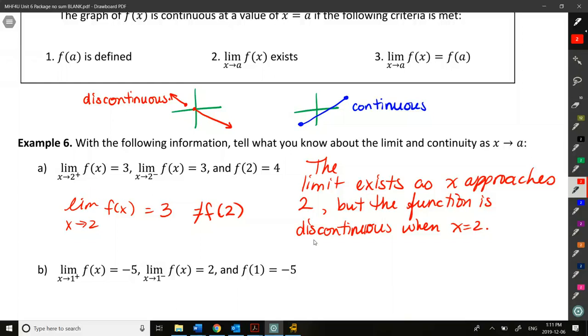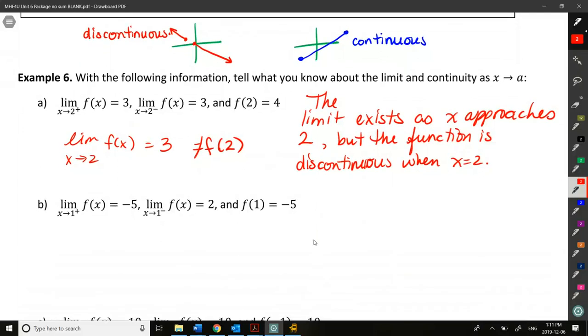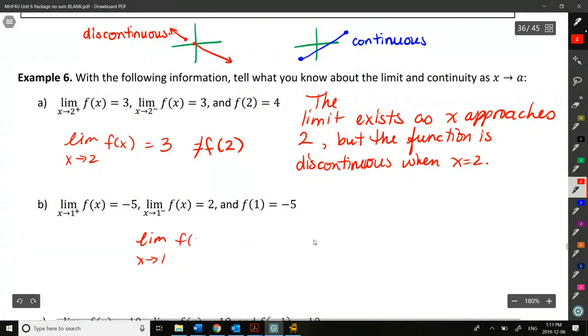Any questions on this one so far? Okay, what about part B? What do we know about the limit as x approaches 1 of f at x? Jonathan? The limit doesn't exist. Okay, these right limits and left limits are not equal, okay? That means that the limit can't exist here. So the limit as x approaches 1 of f at x, we would say this does not exist.